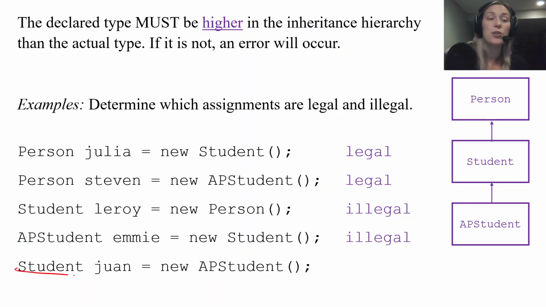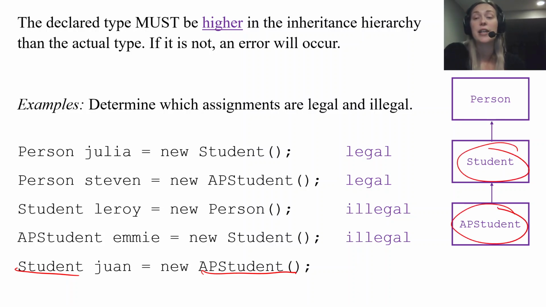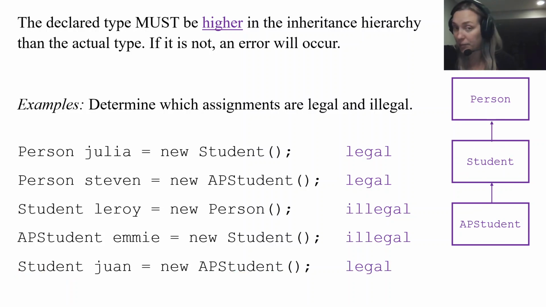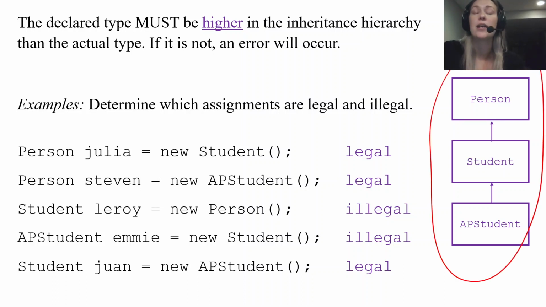But in this one, student 1 equals new AP student. Student is higher than AP student, so this is legal. This is why a lot of the times I suggest you write out an inheritance hierarchy like this when you have multiple classes interacting with each other in an inheritance hierarchy.